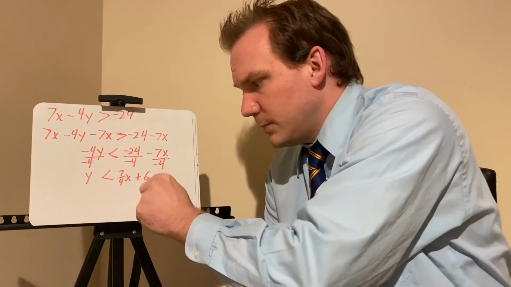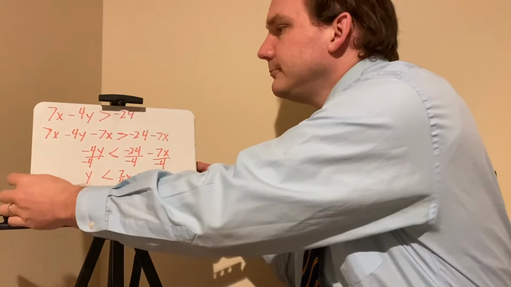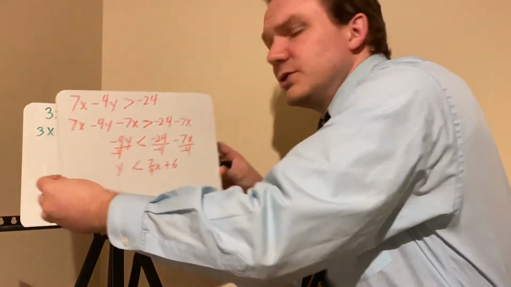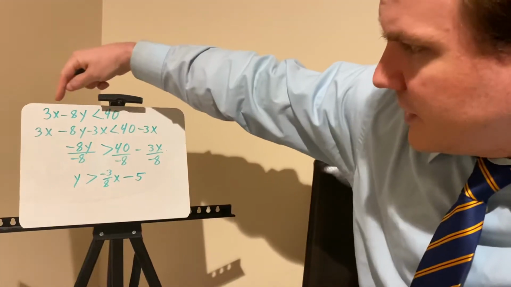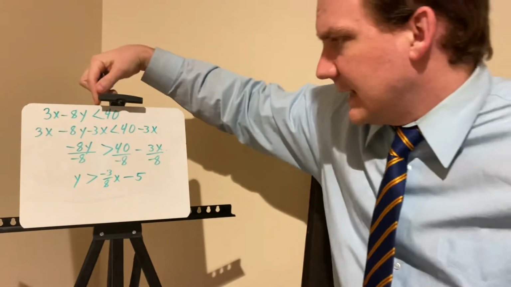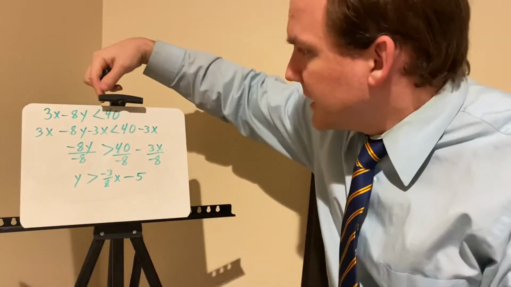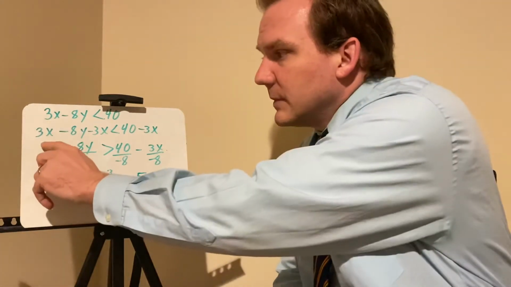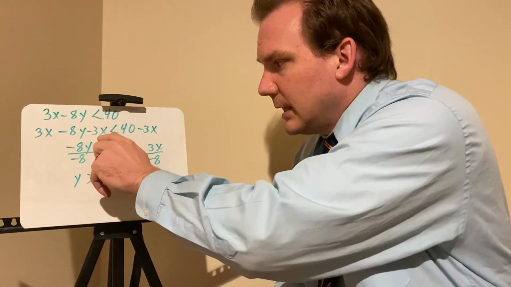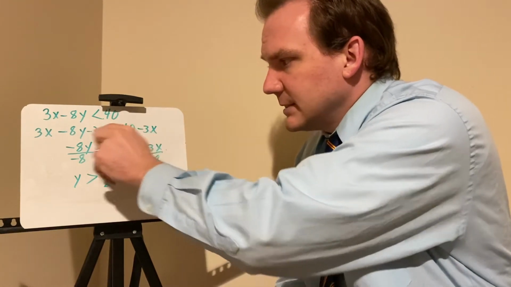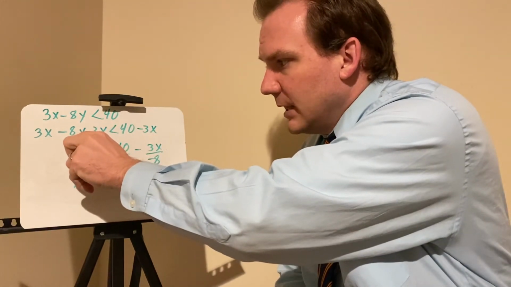So here's my slope, here's my y-intercept. Of course, we're doing a system, so the other inequality was 3x minus 8y is less than 40. In that case, I took the 3x away from both sides. I had 40 minus 3x is greater than negative 8y.